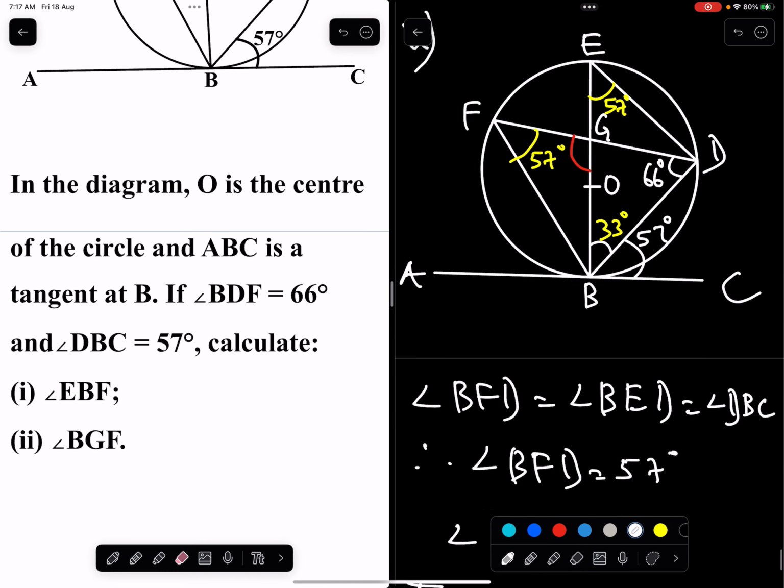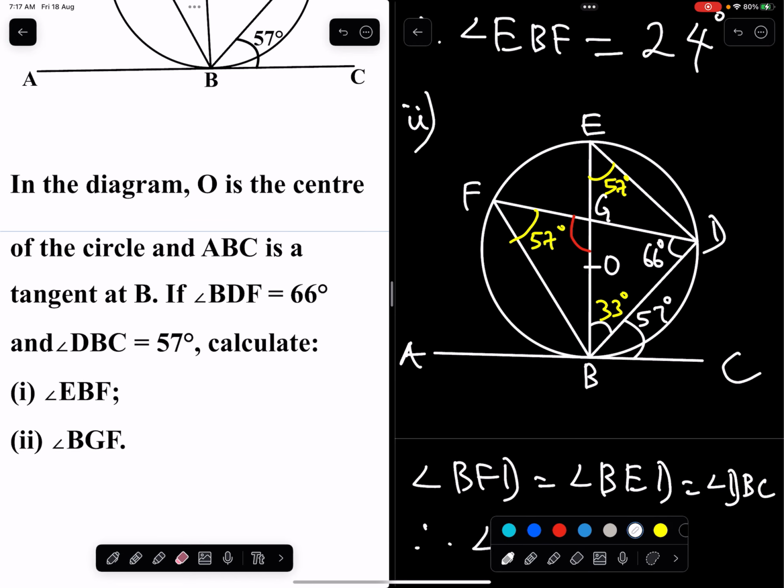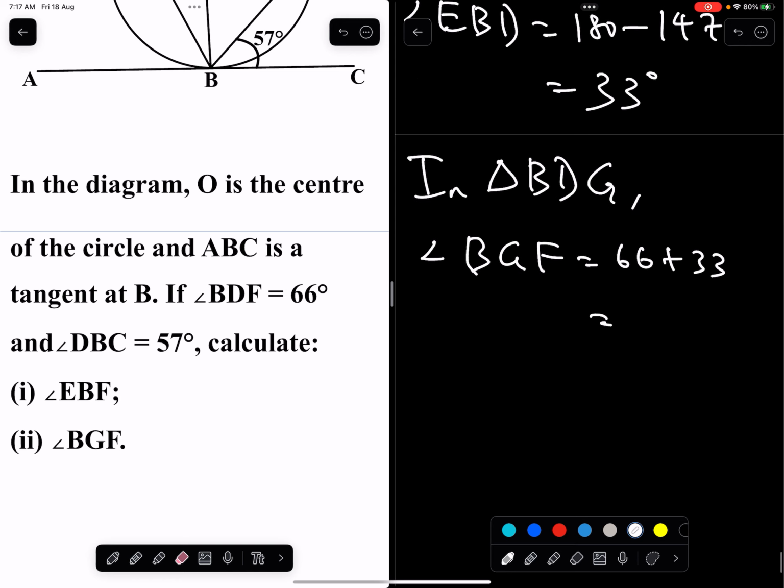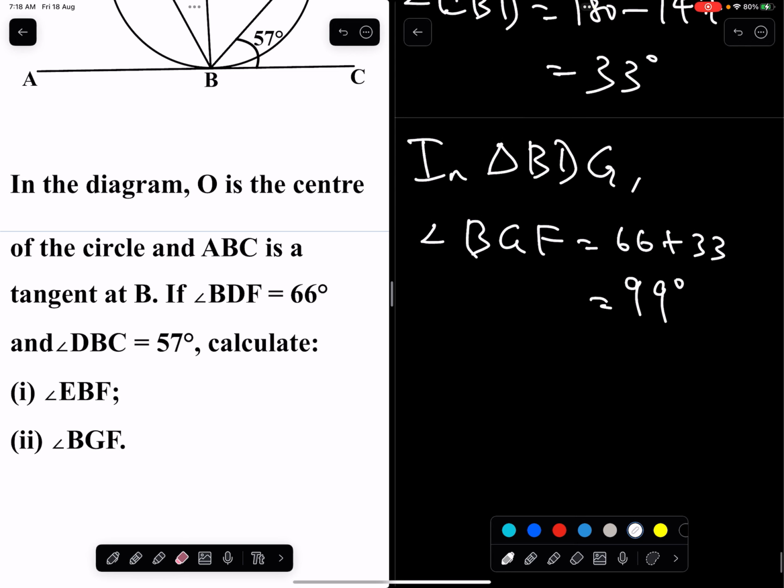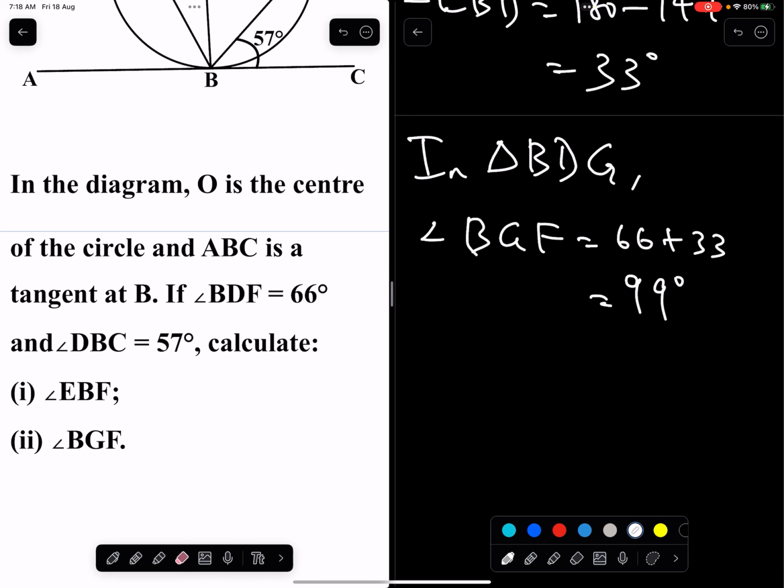Let me check that again. Angle BGF, which is this red angle, is equal to 66 plus 33. The reason for that is the exterior angle of a triangle is equal to the sum of opposite interior angles, and that's equal to 90 degrees. So angle BGF is equal to 90 degrees, and that's it, very, very simply.